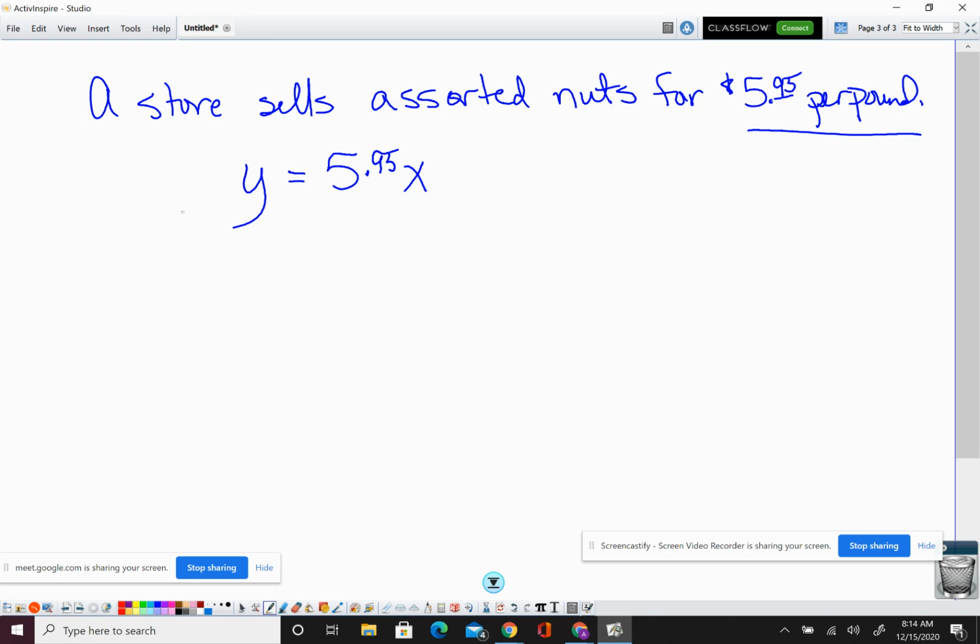So the y-intercept is 0. If we plot those points, it would make sense that if you buy 0 pounds of nuts, you pay $0. There's that direct variation. It's going through the point 0, 0. If you buy 1 pound of nuts, you're spending $5.95.